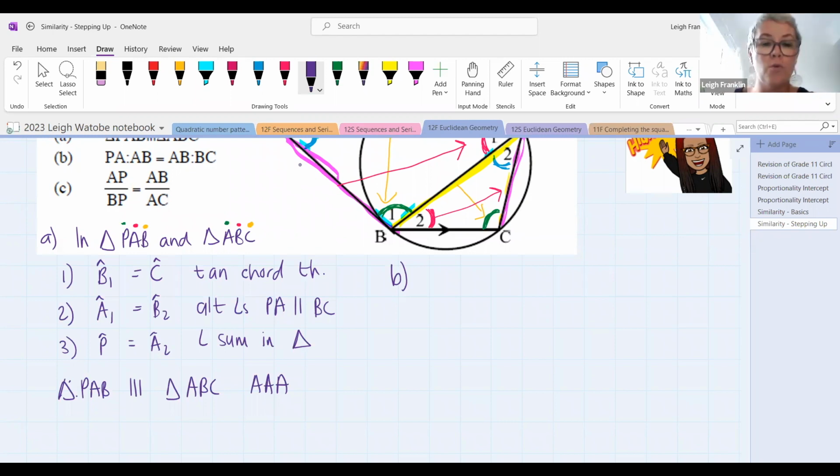Using what we've got down here, that one over there and that one over there, can anybody tell me what I should be writing when I want to write my corresponding sides as a proportion?